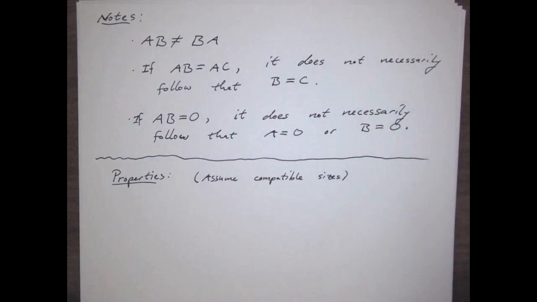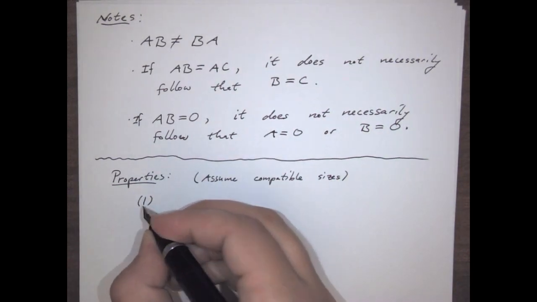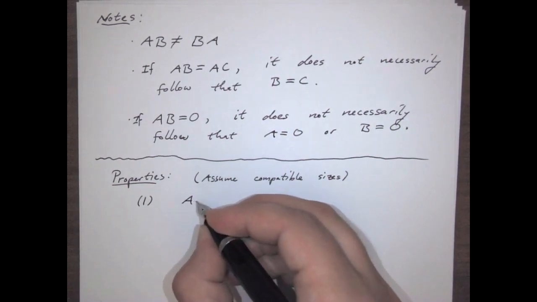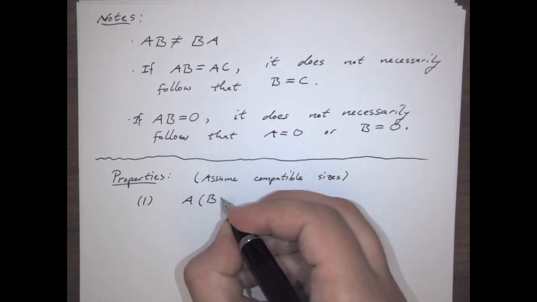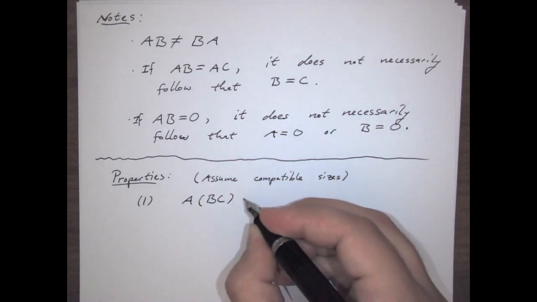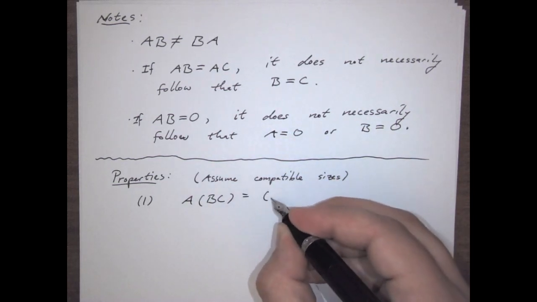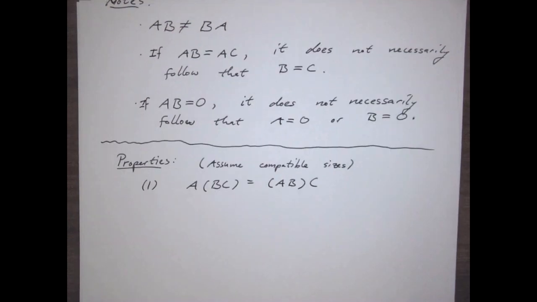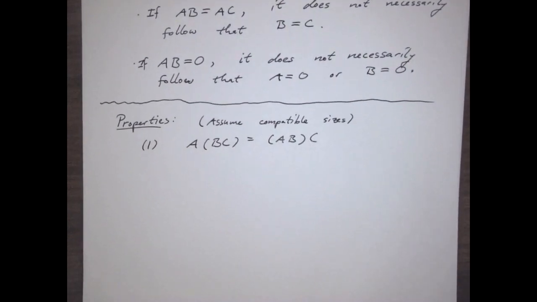So every time there's a multiplication or an addition, assume that the correct things match. So for the first property, what we have is this. A times BC is equal to AB times C. Now what this means is that multiplication of matrices is associative the same way it is for numbers.